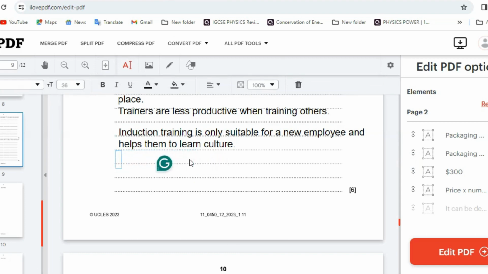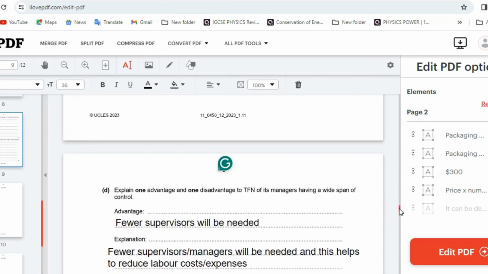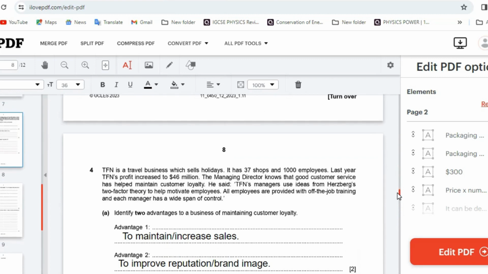If you pick off-the-job training, you have to justify it. Now let's see what our appendix is telling us before we can justify our answer.